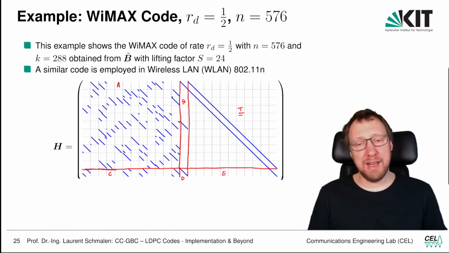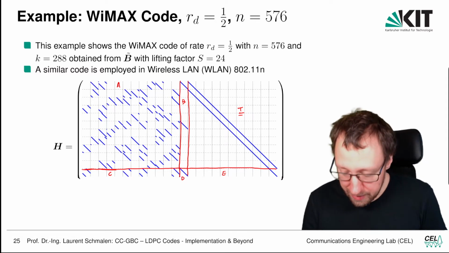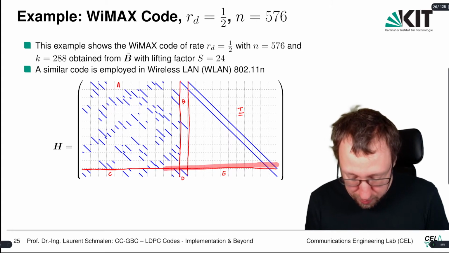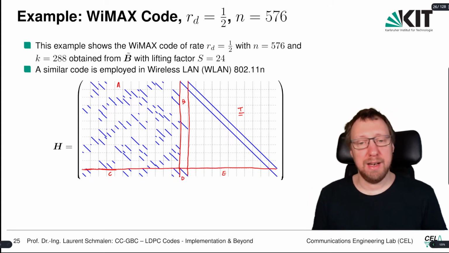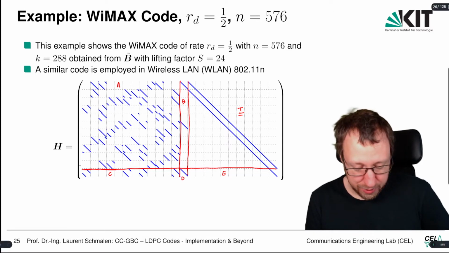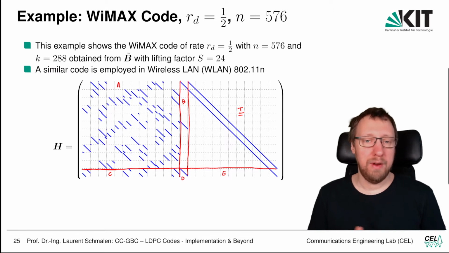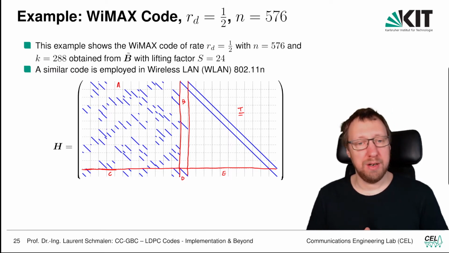So canceling E is actually pretty simple. It's just adding this row to this row. That will cancel E. And then you get a very simple C tilde. It's just this row plus this row. D tilde is just this row. And you can do the encoding in a very simple way using this very particular structure.